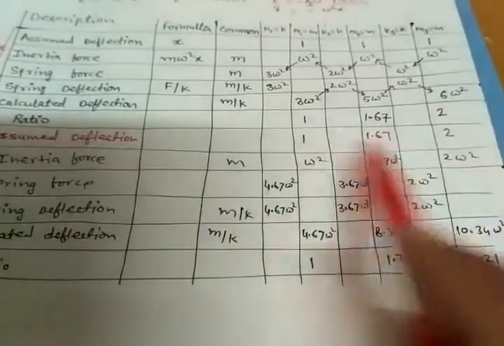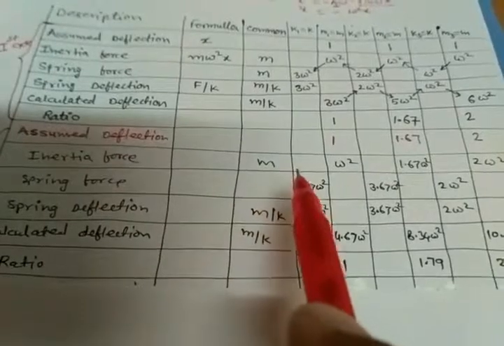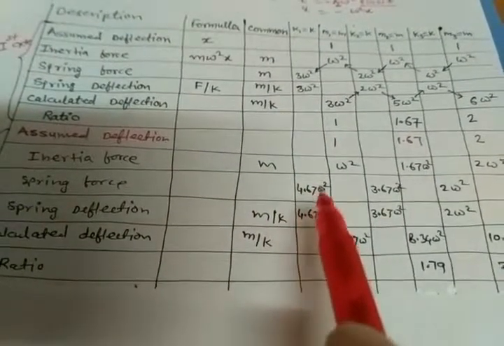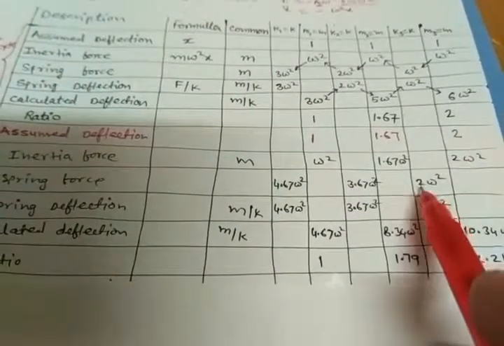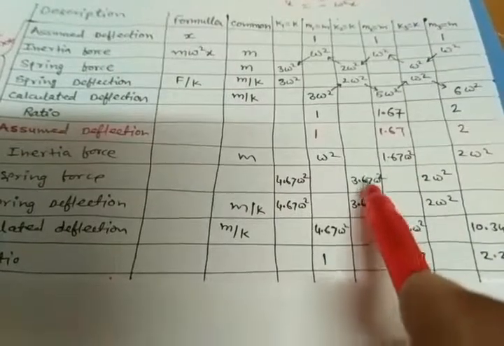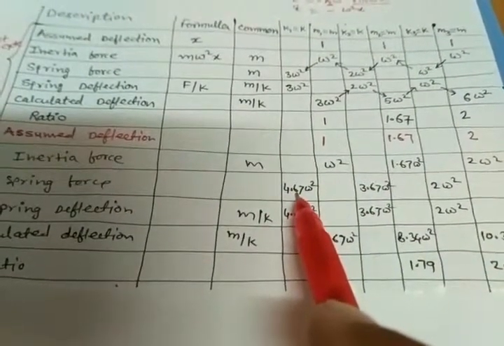Then inertia force: 2 into omega square, m is outside, 1.67 omega square and omega square. Then spring force, which will be added from right hand side to left hand side. Right hand side means this one, so omega square, then 2 plus 1.67, that is 3.67, then 3.67 plus 1, that is 4.67.